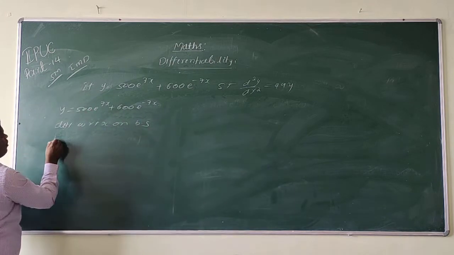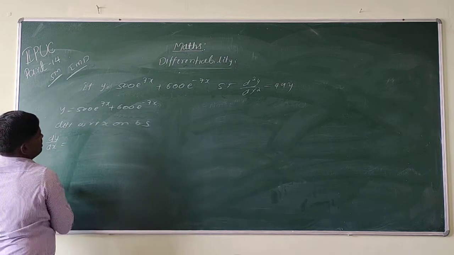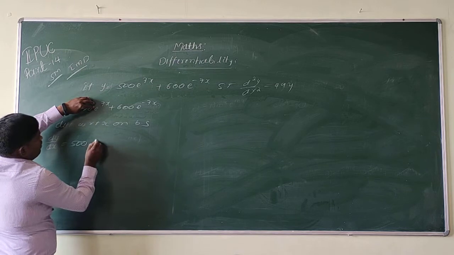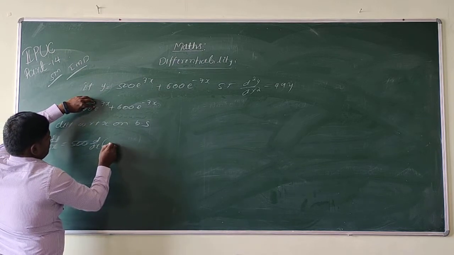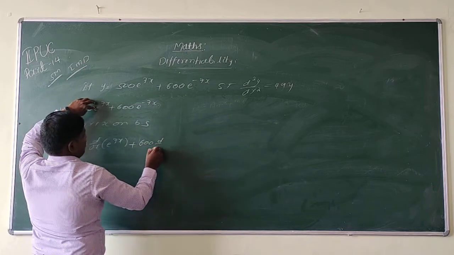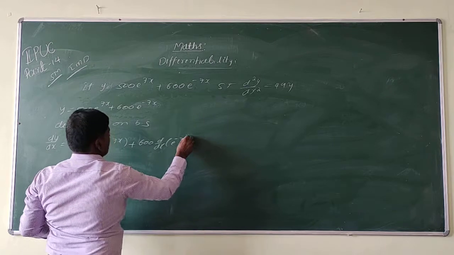Then we get dy by dx is equal to 500, a constant, as it is, into dy by dx of e to the power of 7x, plus 600, a constant, take it outside, dy by dx of e to the power of minus 7x.